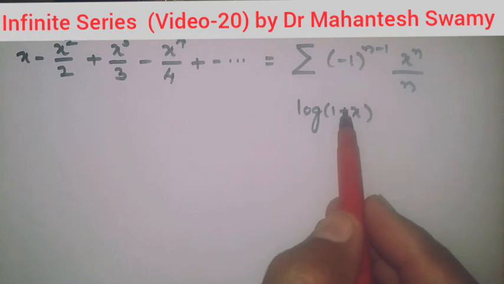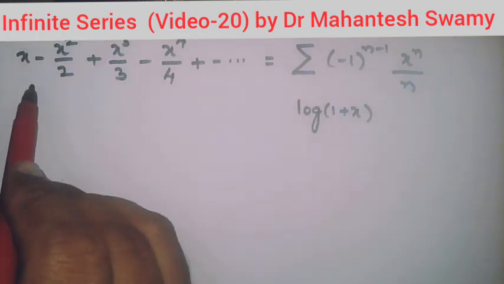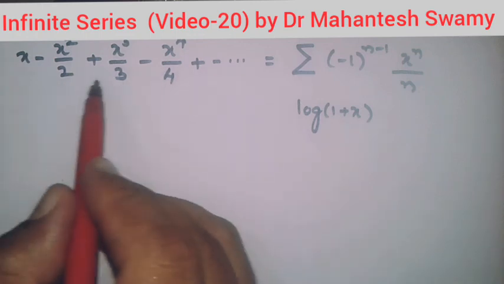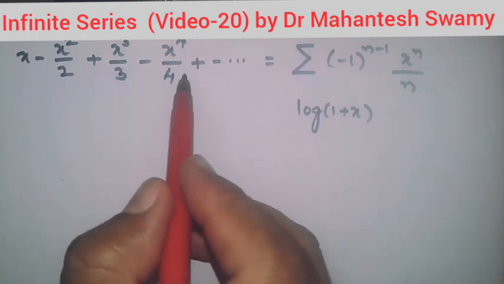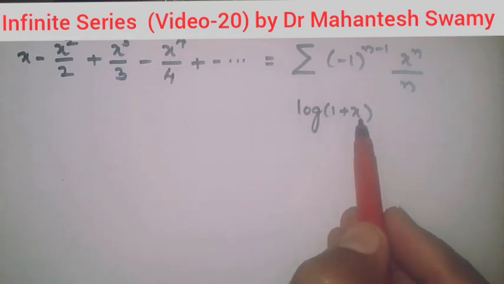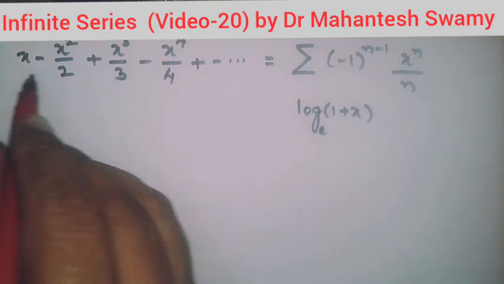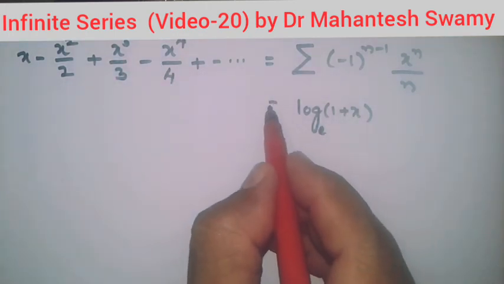So we can conclude that the given alternating series is a logarithmic series, and its value can be taken as log of 1 plus x, and of course the base is e.